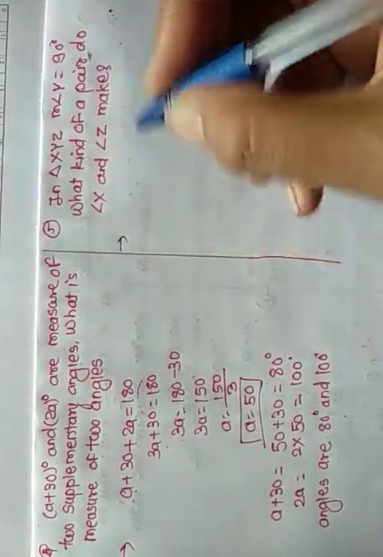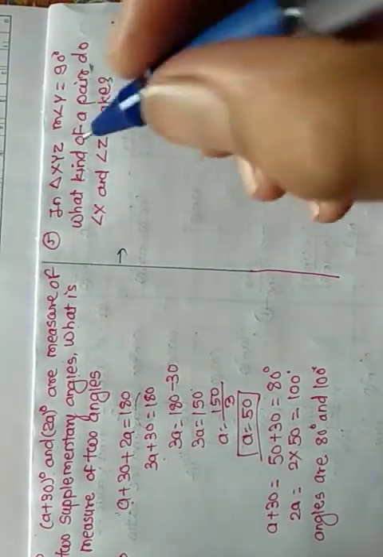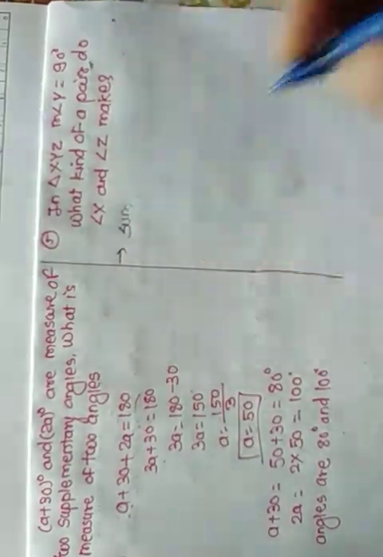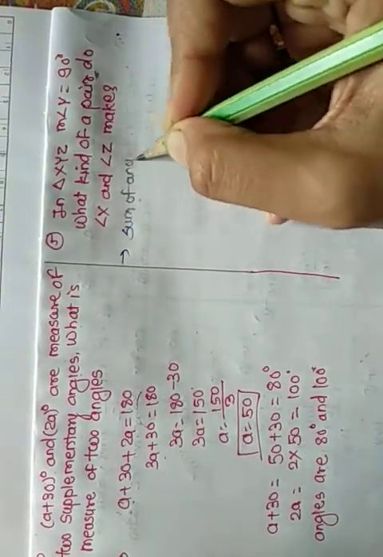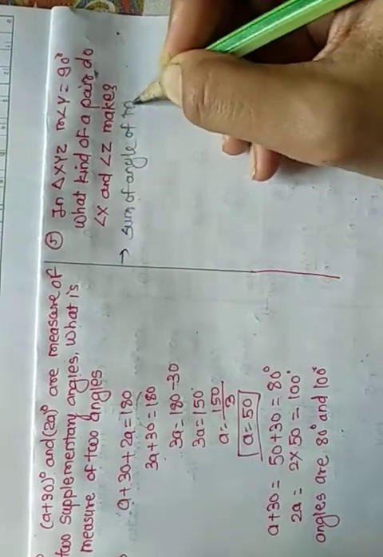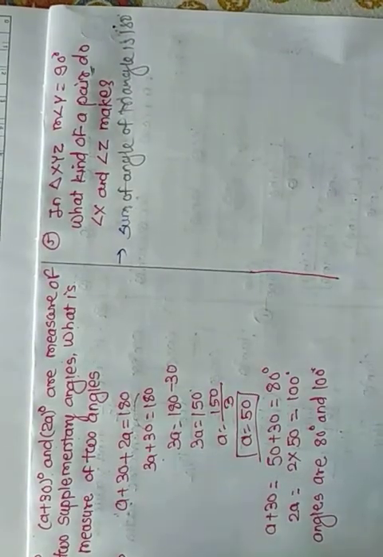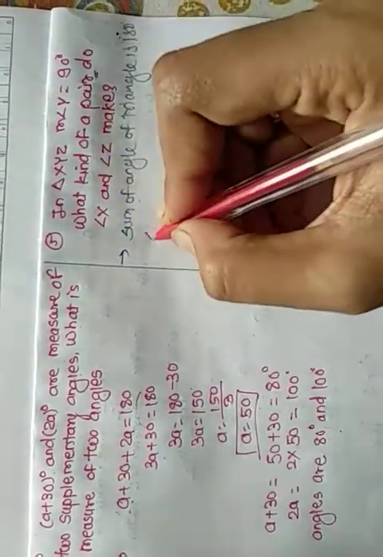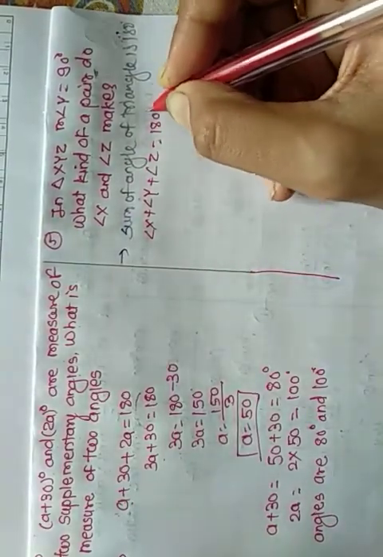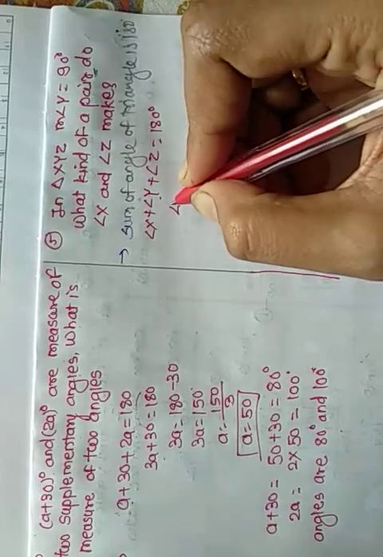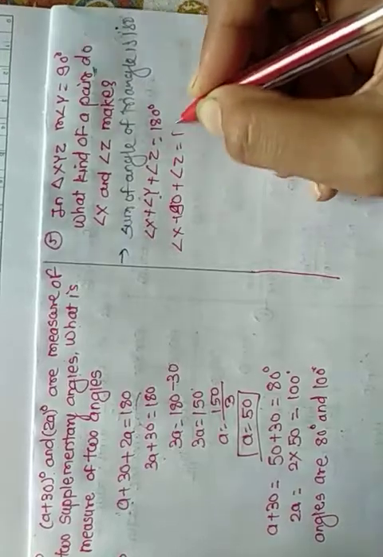In a triangle, the sum of the angles of a triangle is 180 degrees. Means the sum of the three angles is 180 degrees, that is angle X plus angle Y plus angle Z is equal to 180 degrees. Put the value of Y as 90 degrees, angle X and angle Z as it is.